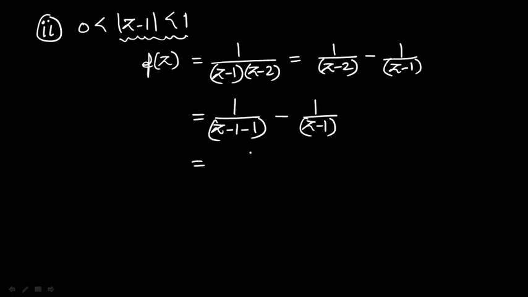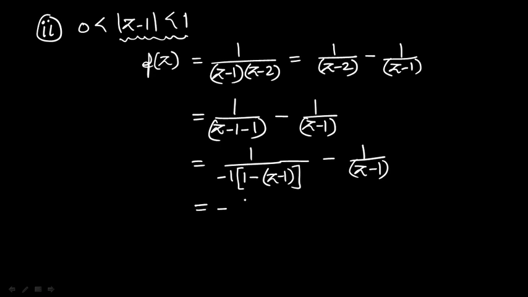Now here we take minus 1 common from the denominator of the first term, then we get 1 minus of z minus 1, and write down the second term as it is. In the next step we write down this term in the numerator with negative index and expand by using binomial.